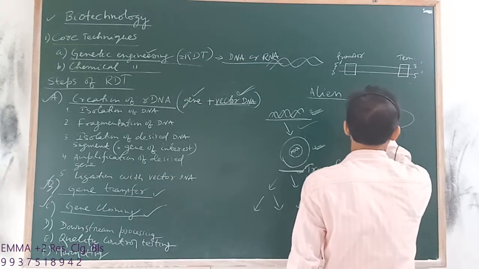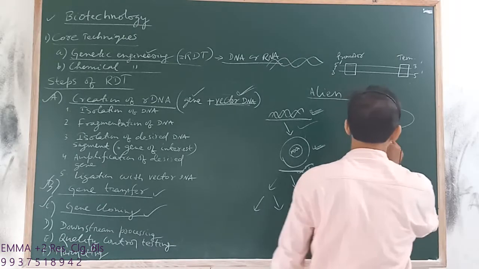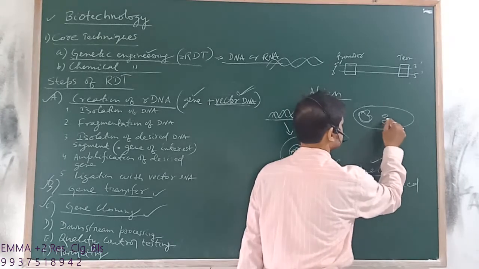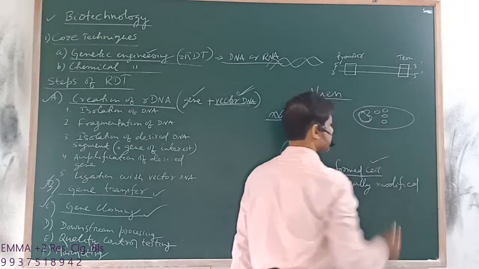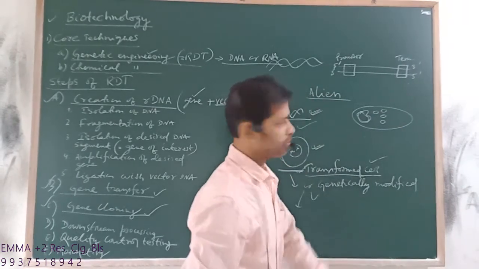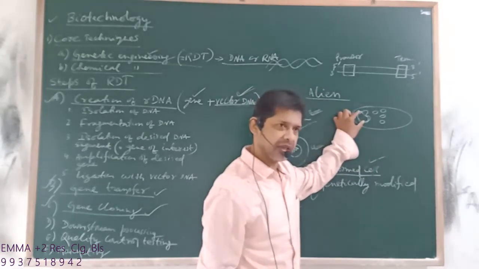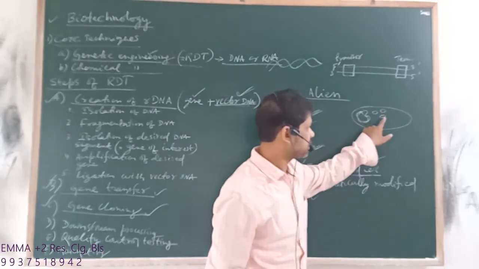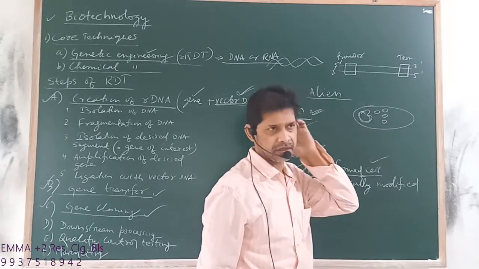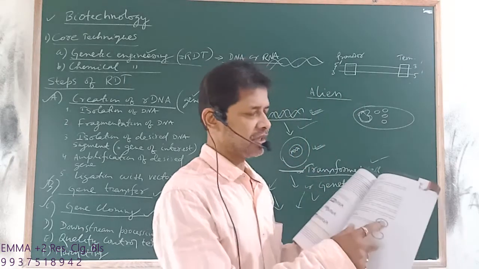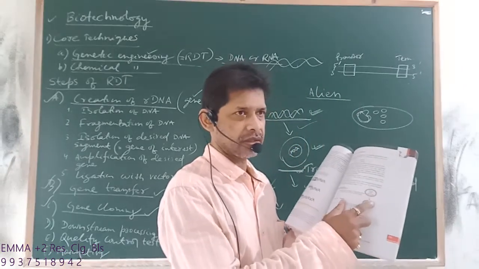Suppose this is a bacterial cell, this is the nucleus, and these are the small ring-like DNA molecules. Inside the bacterial cell, the nuclear DNA is the main DNA. These small ring-like DNA are plasmid DNA or vector DNA. So these vector DNA should be isolated.